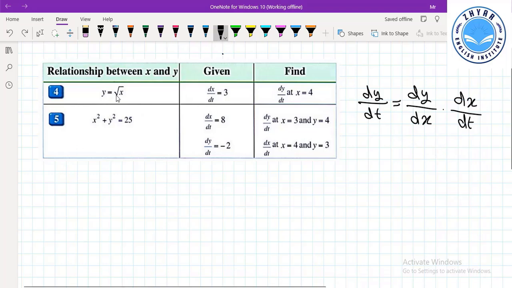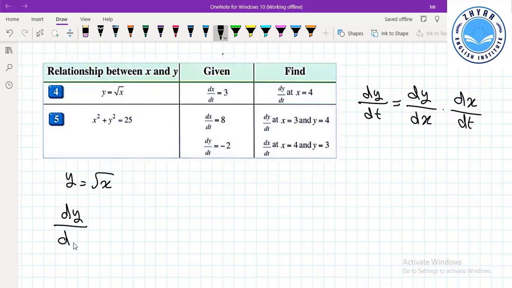Now, y equal to radical x. This y equal to radical x is evidence for us to find dy dx. If y is equal to radical x, what is dy dx? dy dx means derivative, means y prime. Square root of x, the derivative will be 1 over 2 square root x. Okay.